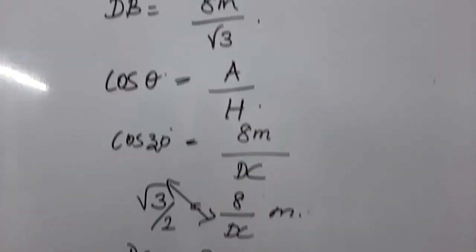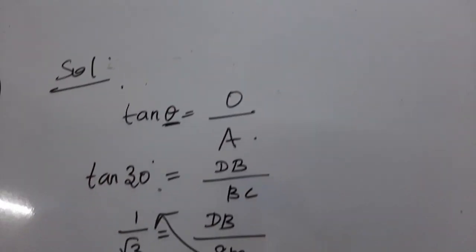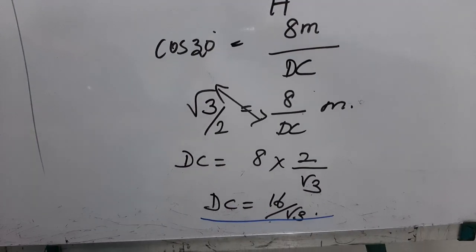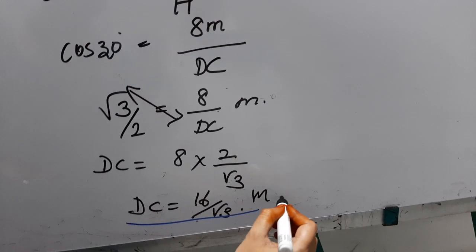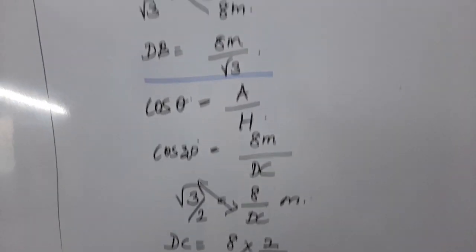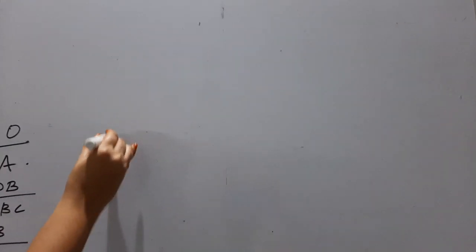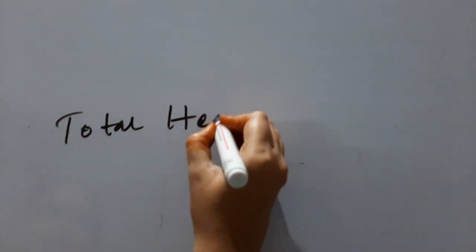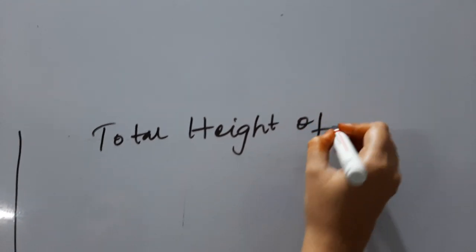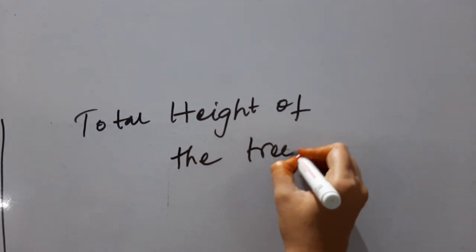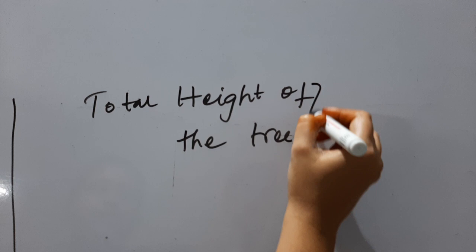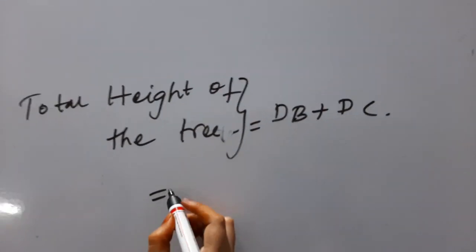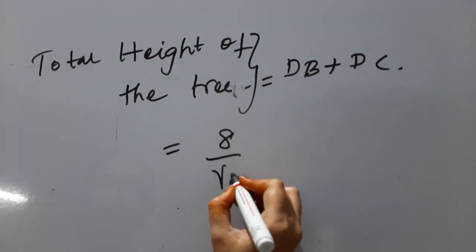The DB value we got as 8 by root 3 meters, and DC we got as 16 by root 3 meters. And what do we want to find out actually in this question? The total height of the tree. Total height of the tree is equal to DB plus DC, right? So what is DB? 8 by root 3 meters.